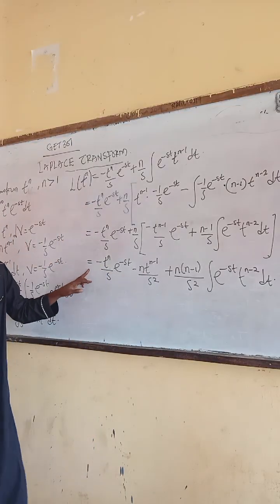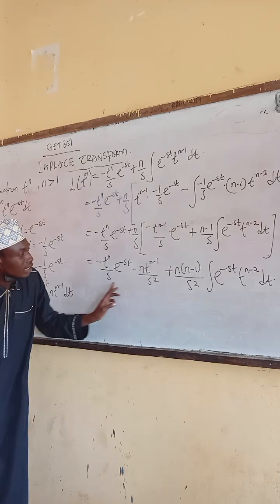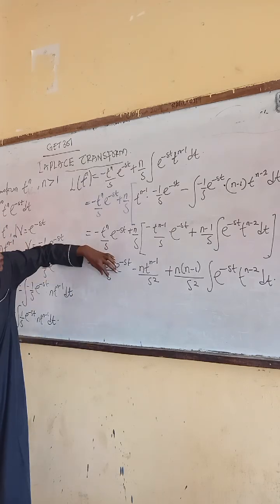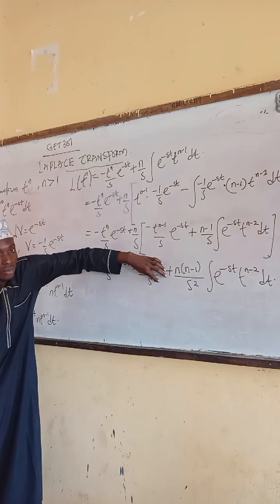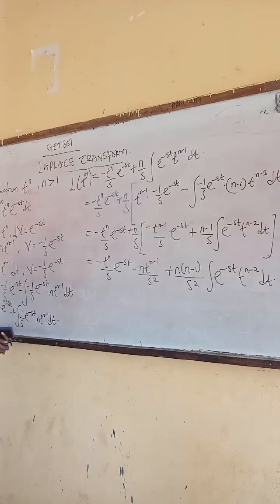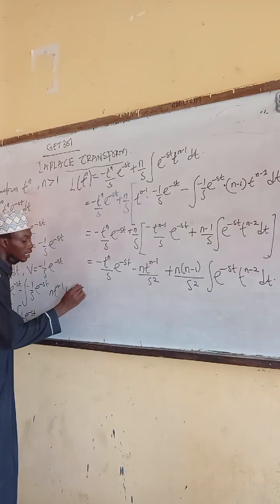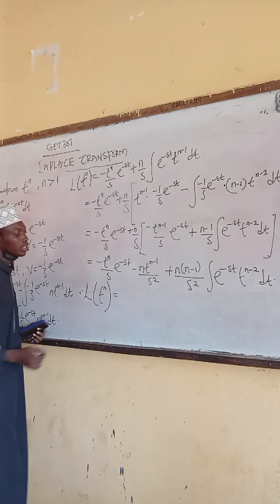Then, if you look at your s, it increases by 1, because this is actually s squared. It increases by 1. So that means you can now conclude, based on permutation and combination, that the Laplace of t raised to power n is the same thing as what?